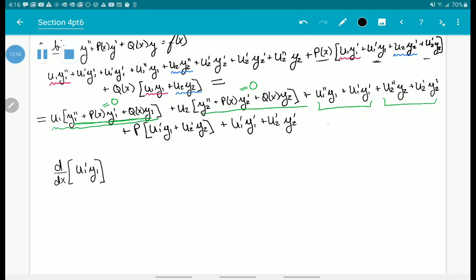That would give me back this. And if I were to rewrite that second one, d over dx, this is equivalent to u2 prime times y2. If I take the derivative of this, I will get this guy back. And then we're left with all this other stuff.